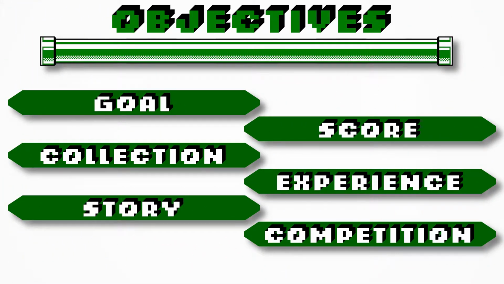So moving on from there, we have the next type of game that tends to go together with a lot of the other ones, but that's collection. So as I mentioned, with goal, your goal might be to collect a certain number of items.